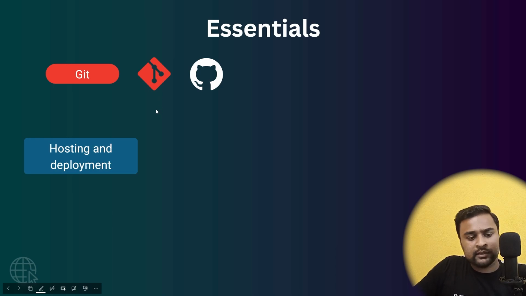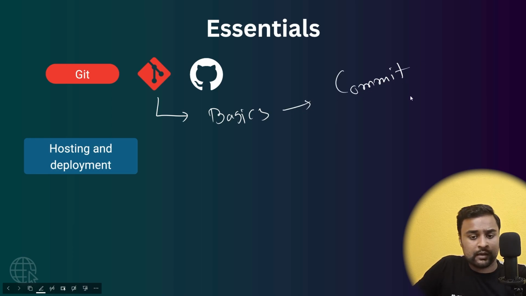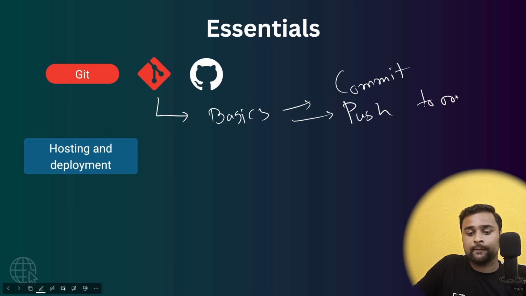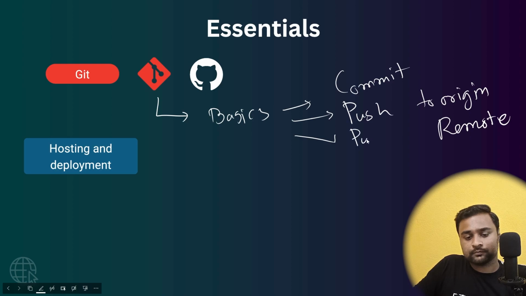Git is the technology which can handle the versioning of your application. So basics of these are very important, like what is a commit, and how do you push to origin, or basically remote. Then how do you pull from remote? These things you gotta understand.